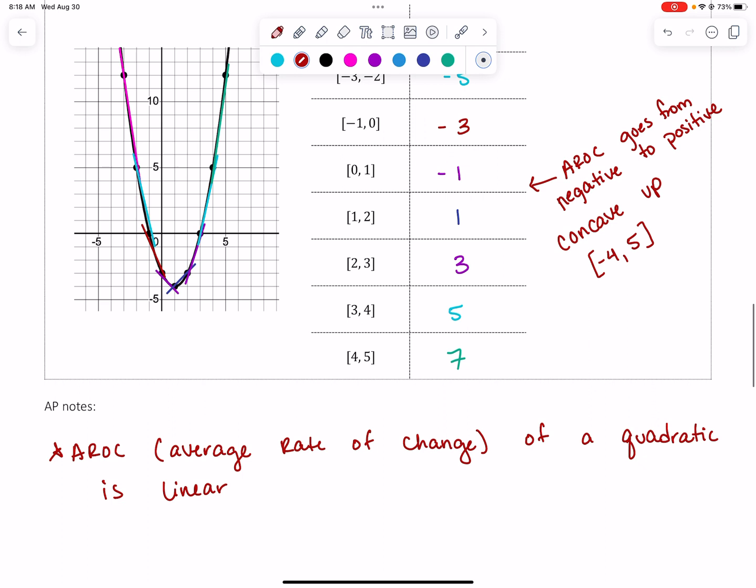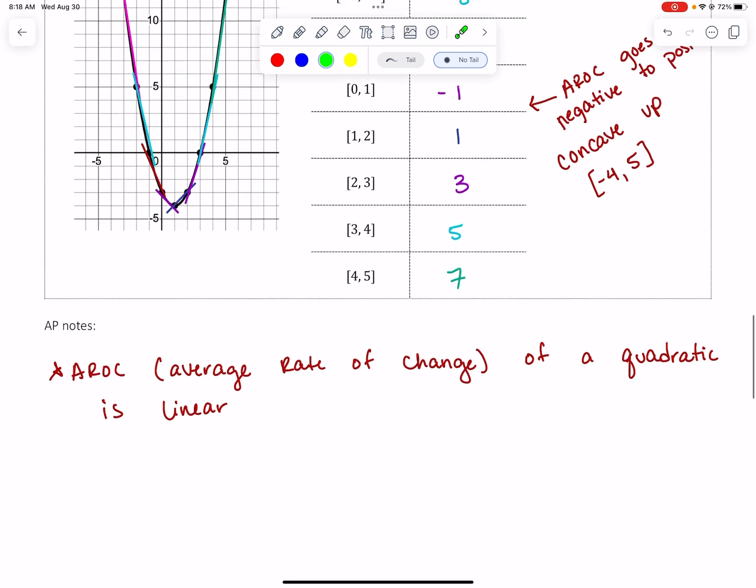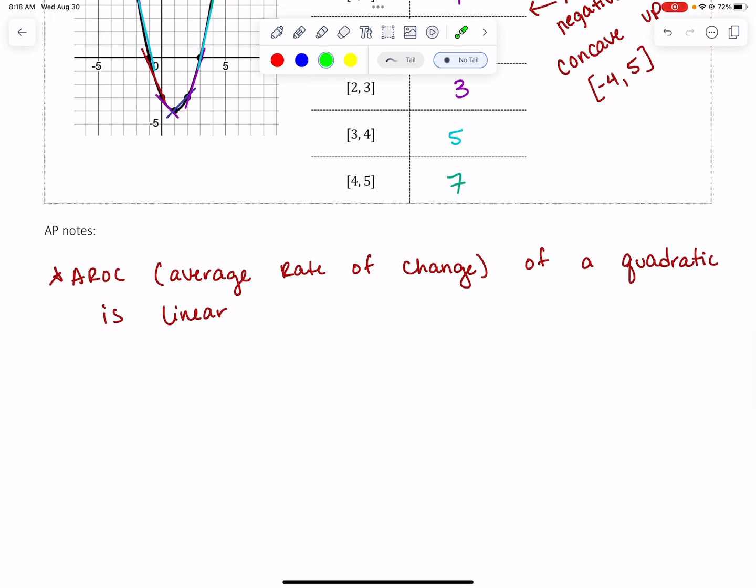Basically, if you take the difference between all these, you are going to get a linear function.